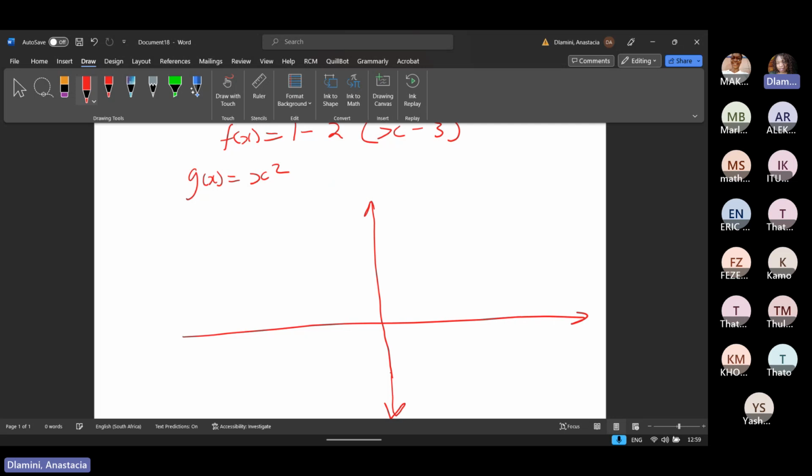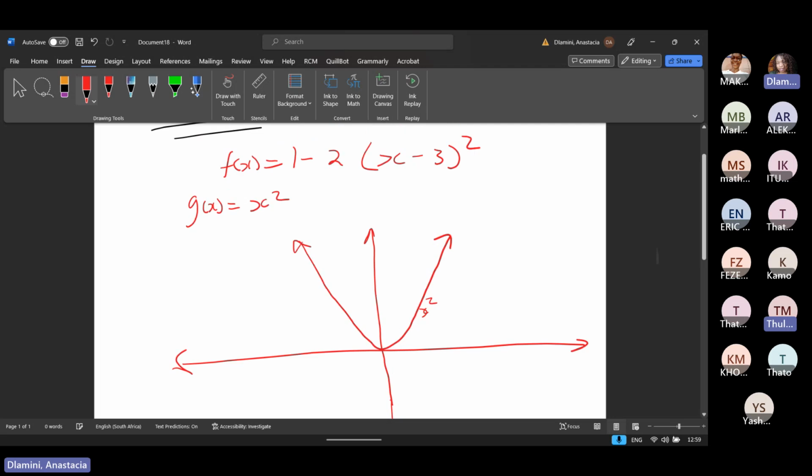We are combining everything, right? This is x squared, y equals x squared. You can start any way you want and you'd end up getting the same graph.